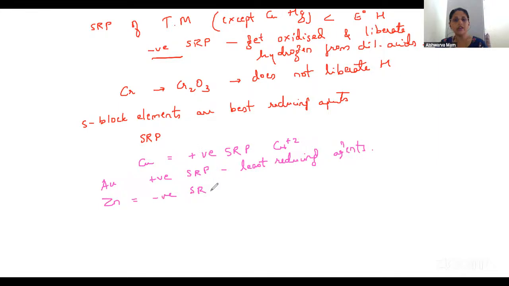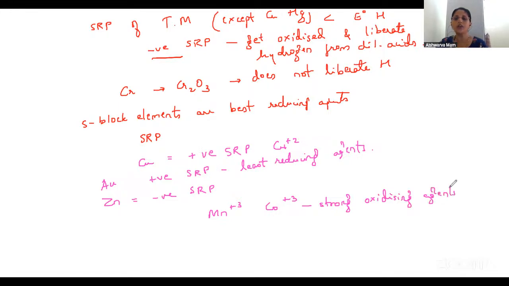So negative SRP means it will act as a good reducing agent. Copper, as I said, does not act as reducing agent because its standard reduction potential value is positive. From these electrode potential values, it is confirmed that Mn plus 3, Co plus 3, these are strong oxidizing agents.